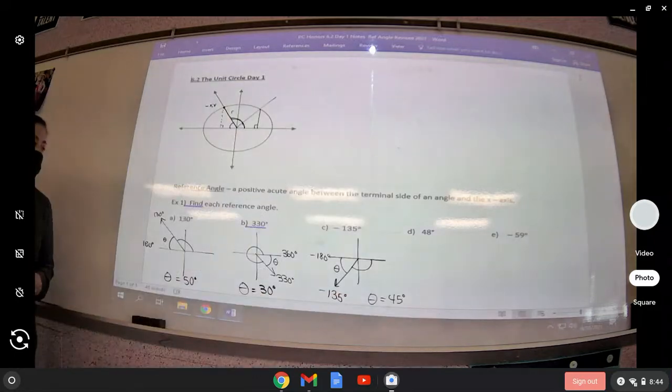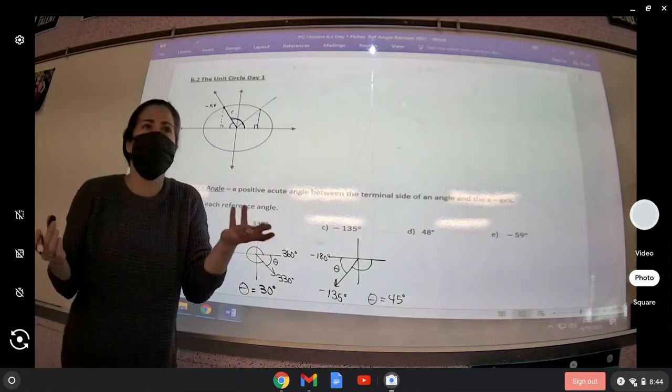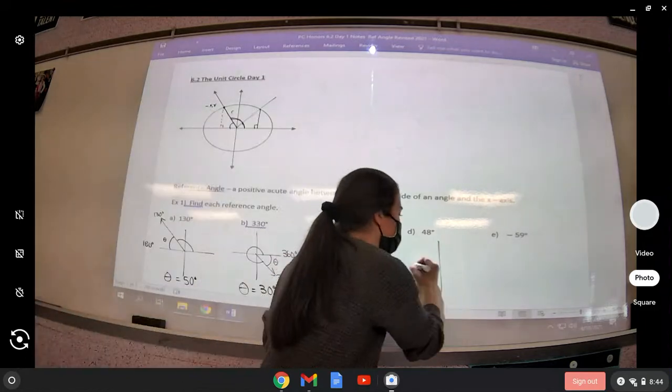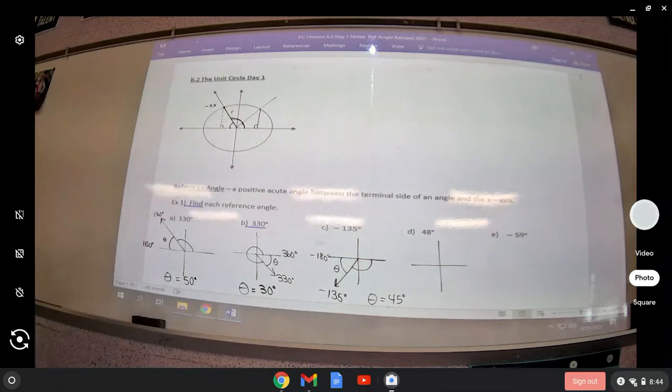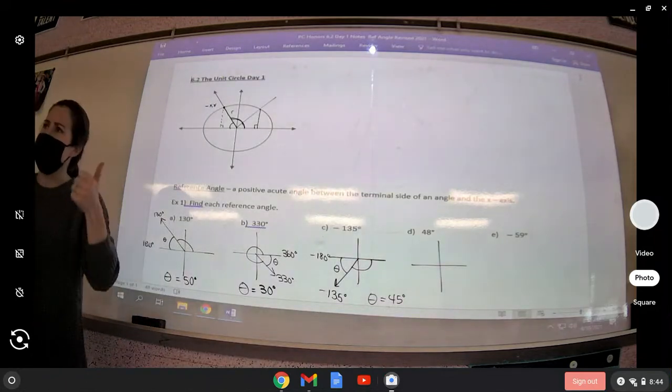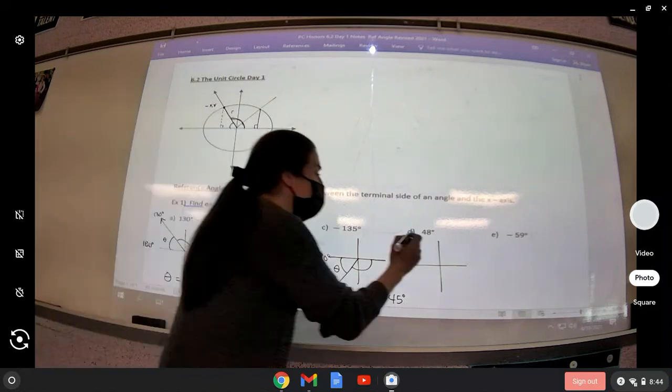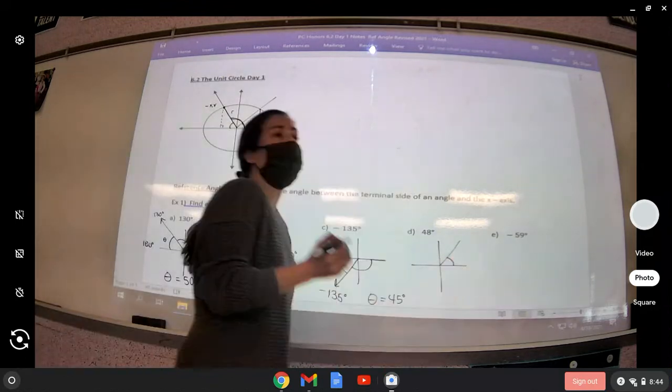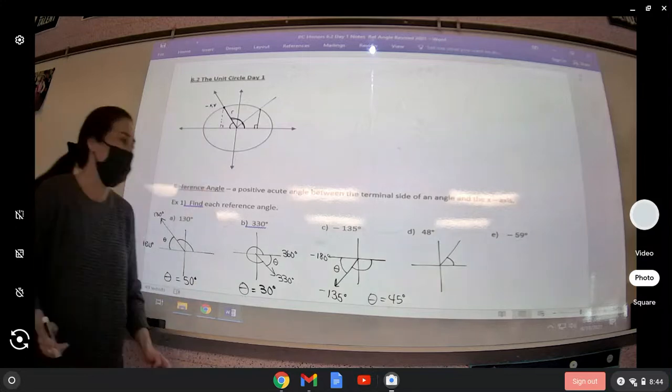Okay? So again, I hope this is really simple. Now we get to 48 degrees. So guys, if you think about 48 degrees, a reference angle is supposed to be a positive acute angle. Pretty sure 48 is a positive acute angle. So when you draw 48 degrees, he's just hanging out in quadrant 1, somewhere between 0 and 90.